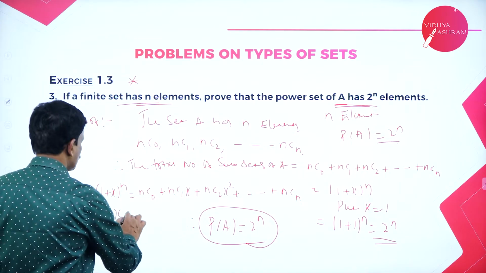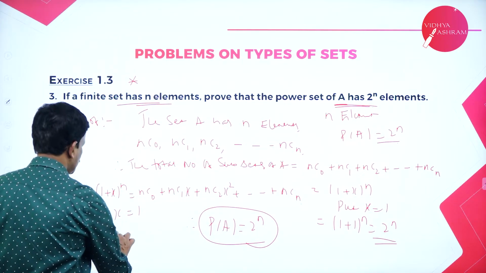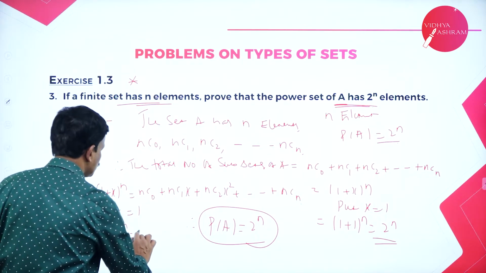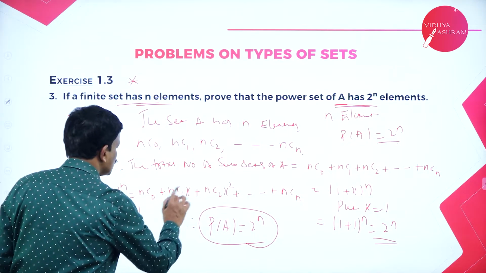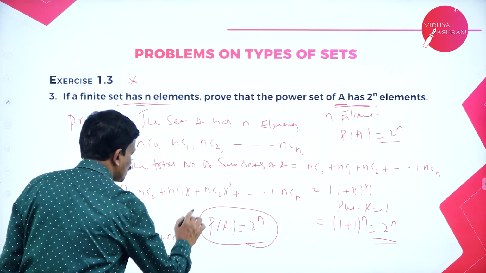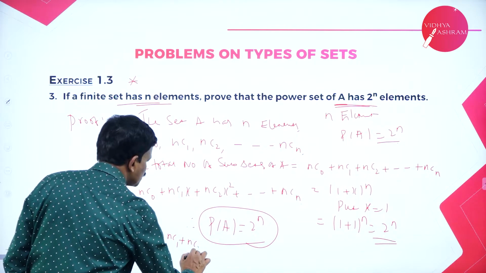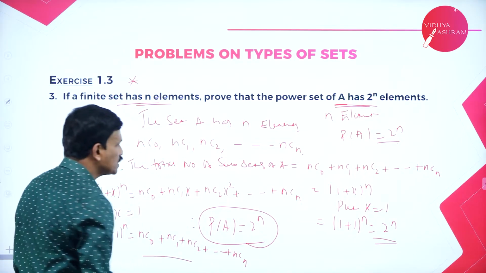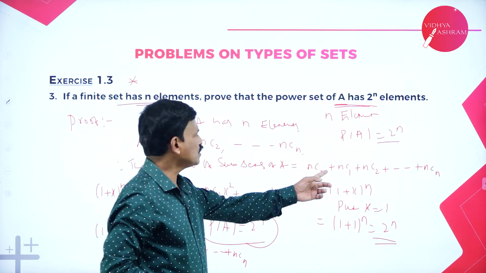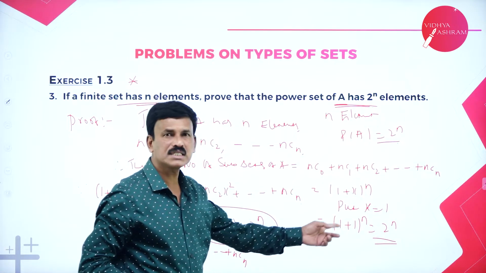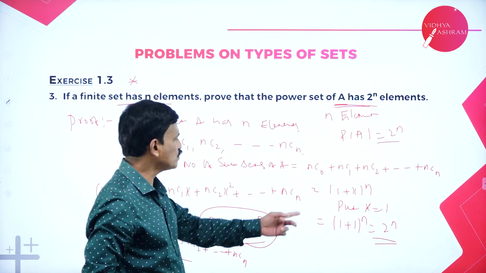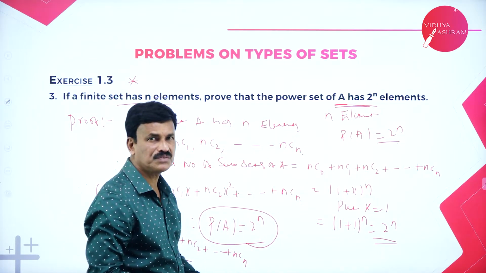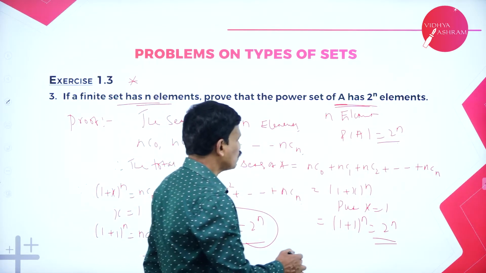If you put x equal to 1, then (1 plus 1) to the power of n is nC0 plus nC1 plus nC2 plus, etc., plus nCn. That is equal to 2 to the power of n.